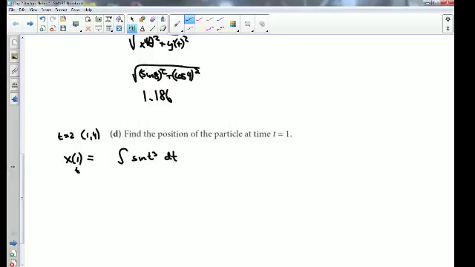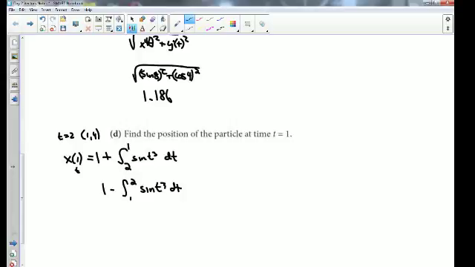So at time 2, x is 1. Okay. And we need to go from time 2 to time 1. Correct? Okay, so what you end up with is this integral.